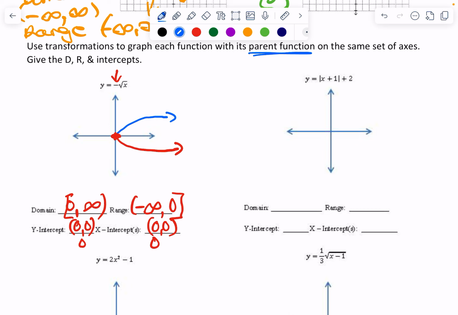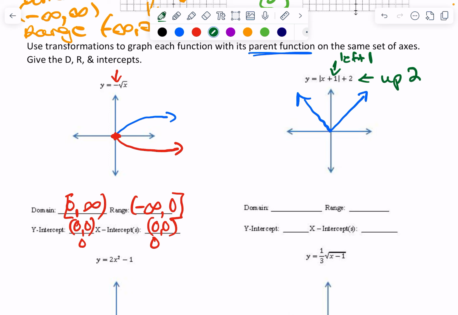Okay, next one. We have an absolute value function. So the parent function looks something like this. And now a reminder, this plus 1 right here, which is inside the absolute value, means we are going left 1. And this plus 2 that is outside of the absolute value is up 2.